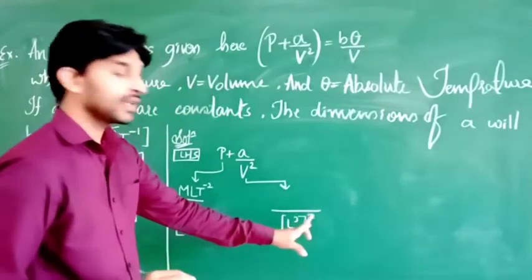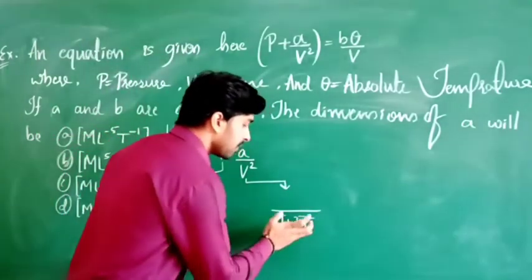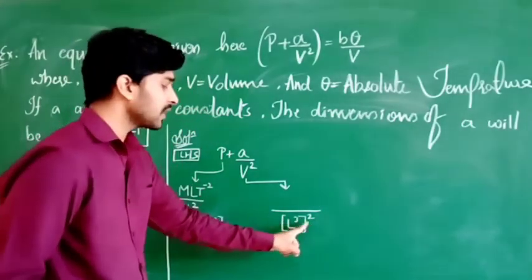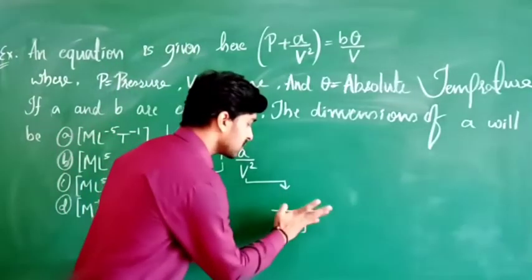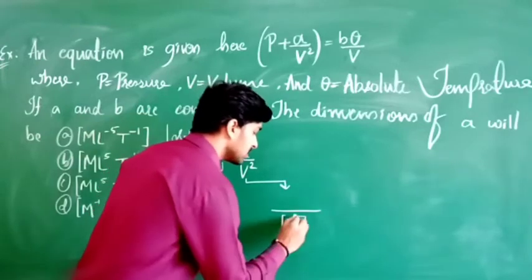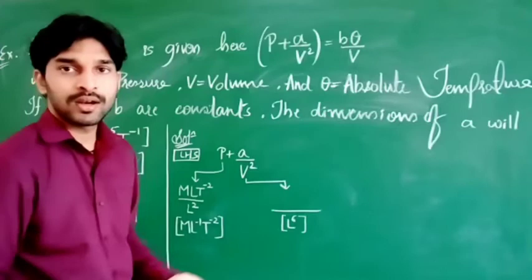(L power m) whole power n is L power mn, so these two get multiplied: 3 into 2 becomes 6. I will erase this 3 and 2 and introduce the single term 6. That is how the 6 came, from L cube whole power 2.